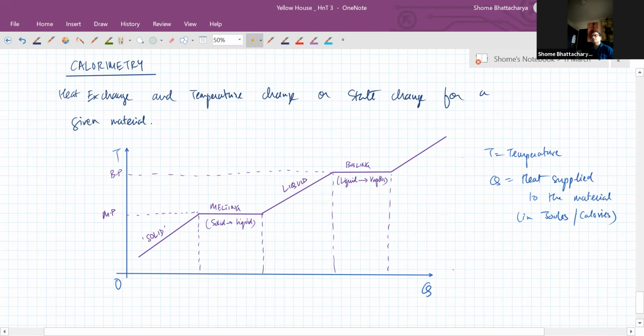And once the vaporization or boiling is completed, then the vapor or gaseous state again behaves in such a way that the temperature rises proportional to the heat supply. Just make a note of the graph, and then we'll look at the interpretation of the graph, and we'll look at a couple of quantities like specific heat capacity and latent heat of vaporization, latent heat of fusion, etc.